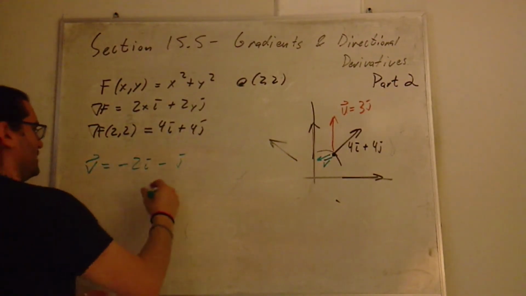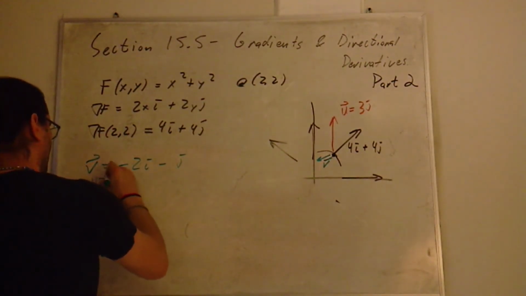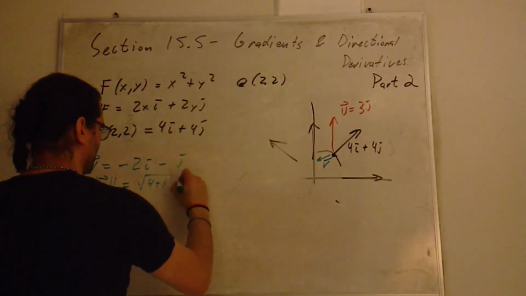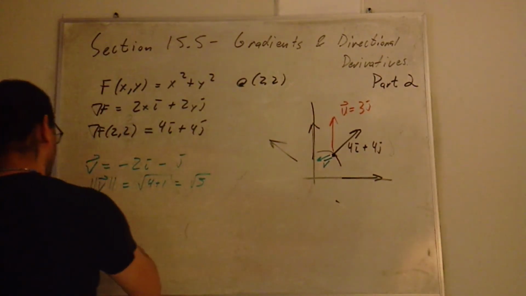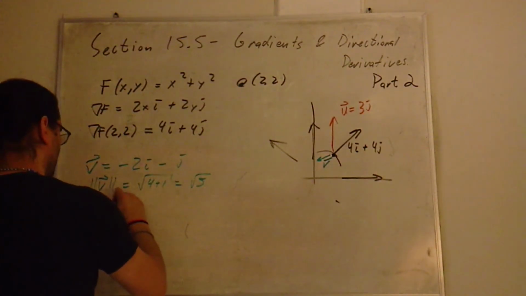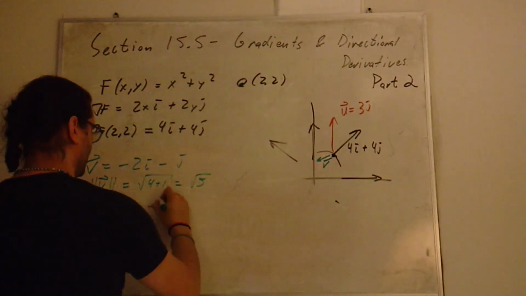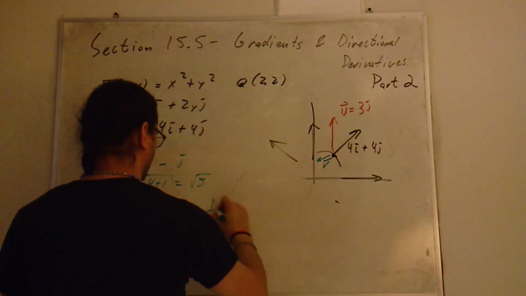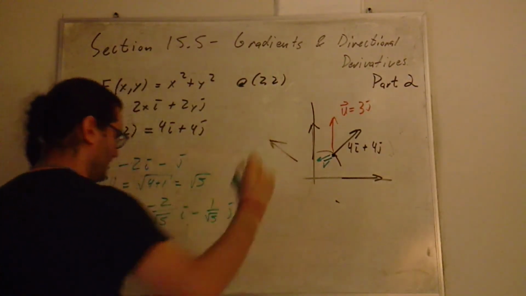First I need unit v, so I need to find the magnitude of this, and that should be the square root of 4 plus 1, so that's root 5. So unit v will be negative 2 over root 5 i minus 1 over root 5 j.